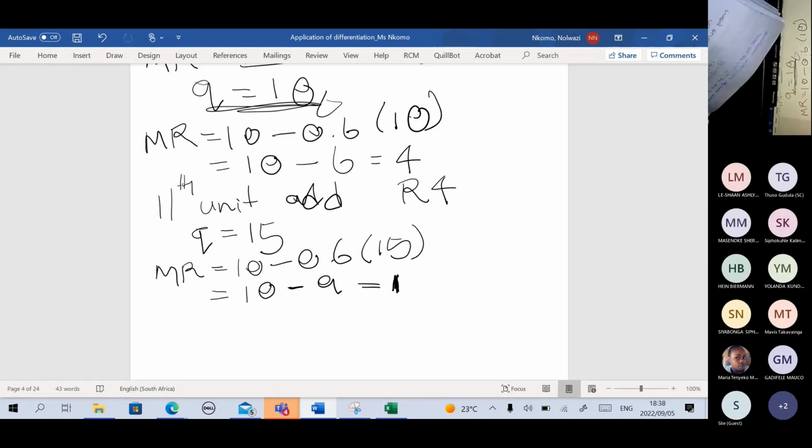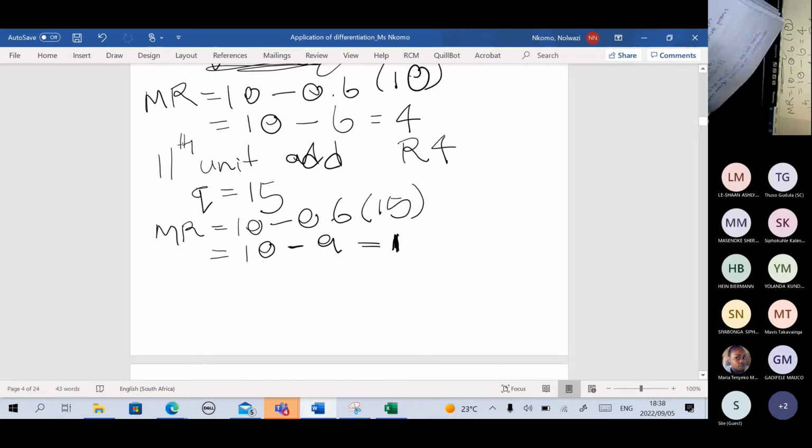If Q, our unit, is equal to 15, that means the additional income after the 16th unit would be 1 rand. It's just 1.